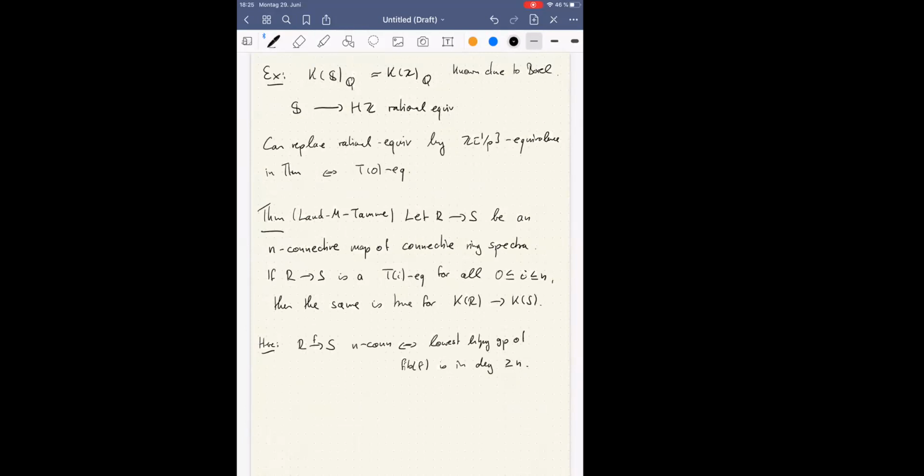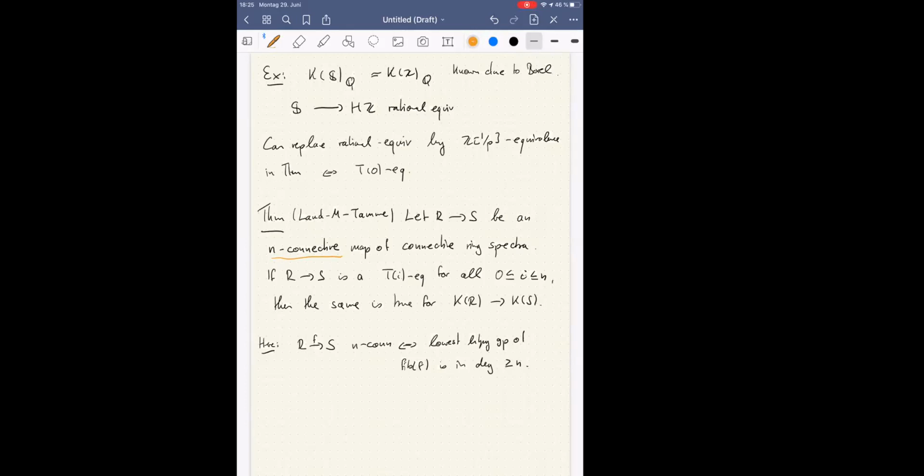And I want to stress that this theorem maybe looks a little bit different than you might think. One thing is, compared to Waldhausen's theorem, Waldhausen just demanded an isomorphism on pi 0. So it's maybe not surprising that you want to prove a corresponding theorem for higher heights.